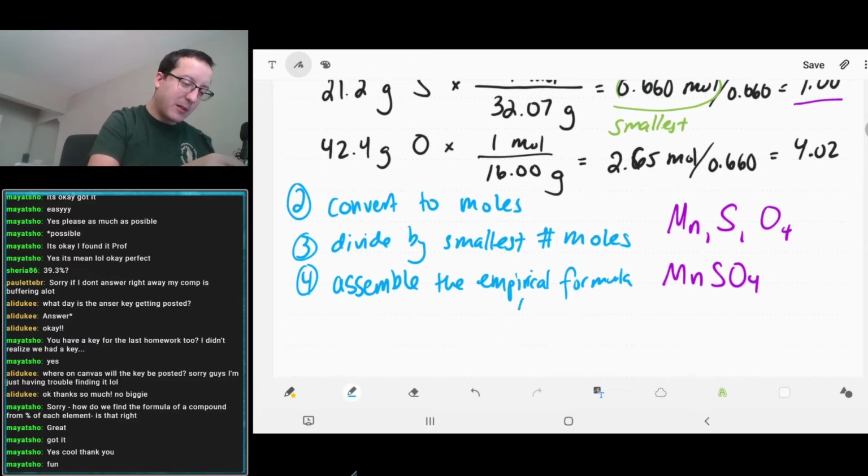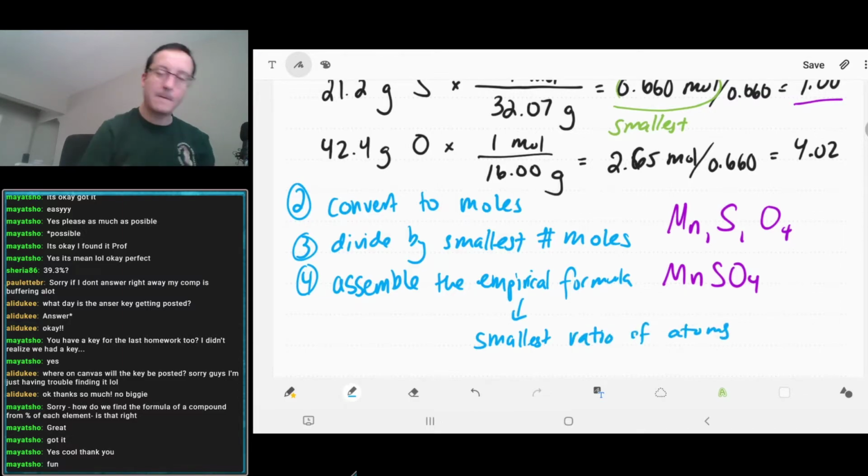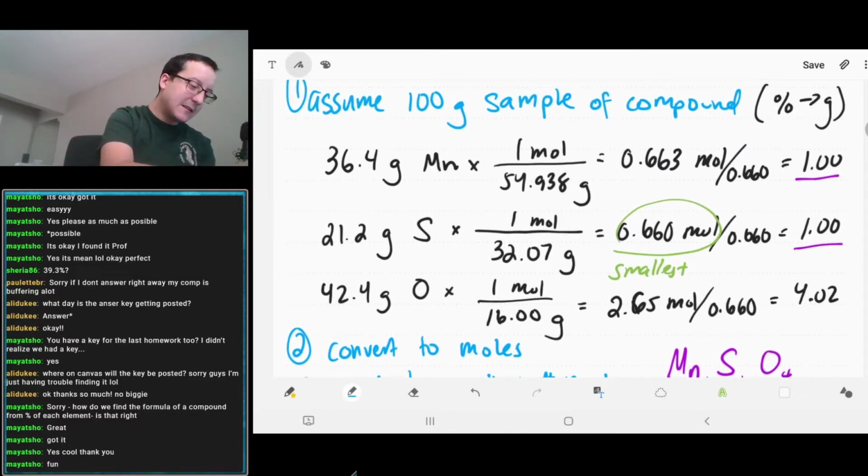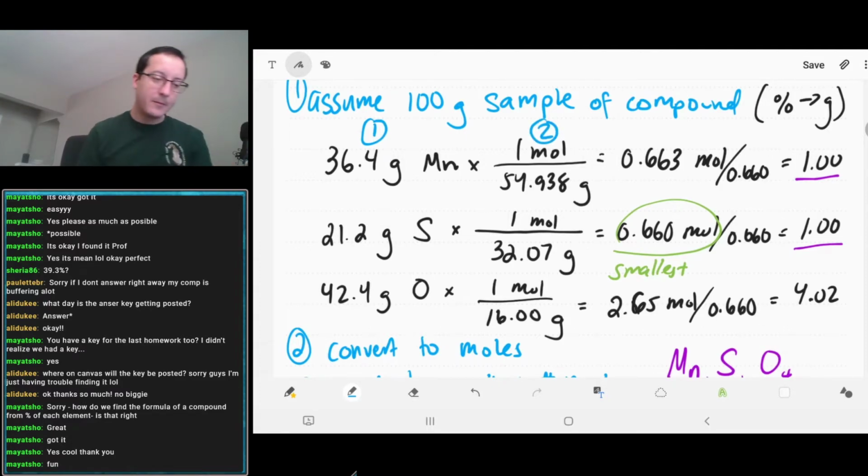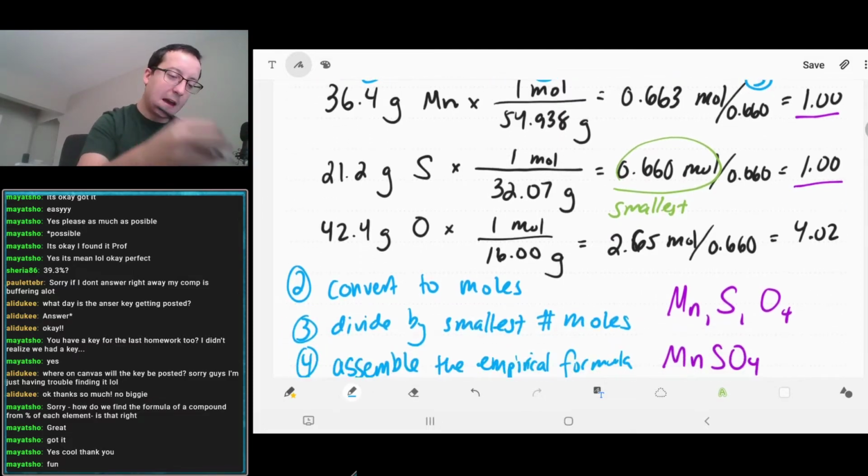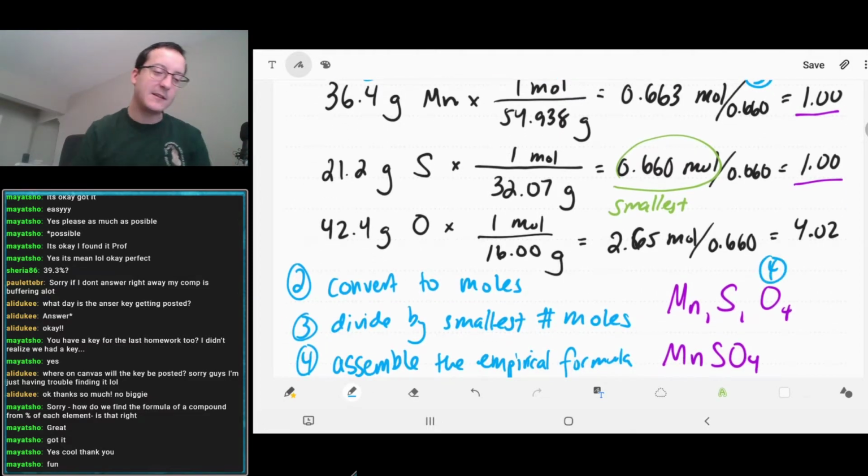An empirical formula means the smallest ratio of atoms. Just so we're clear, this was step 1 we did, this was step 2, this was step 3. And then we put it all together at step 4.